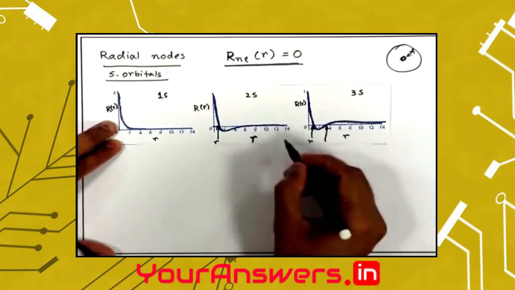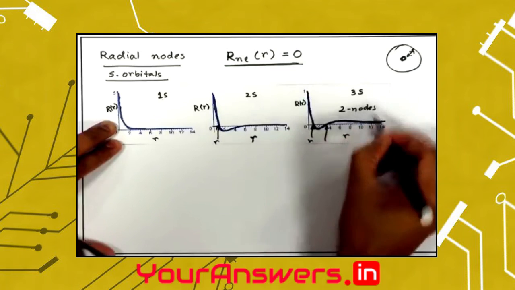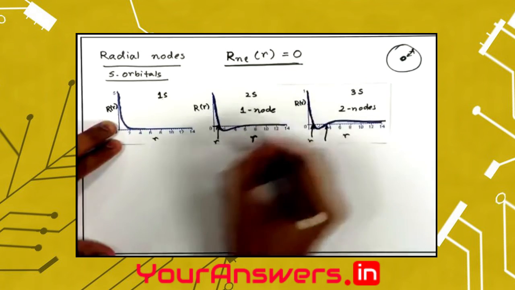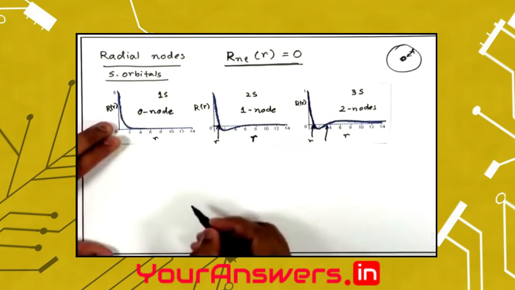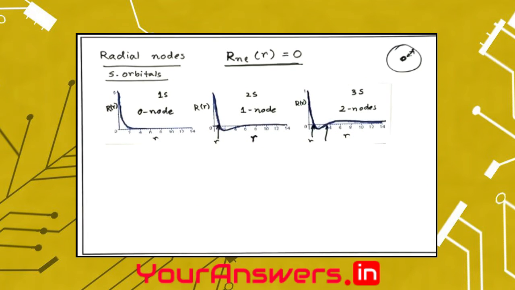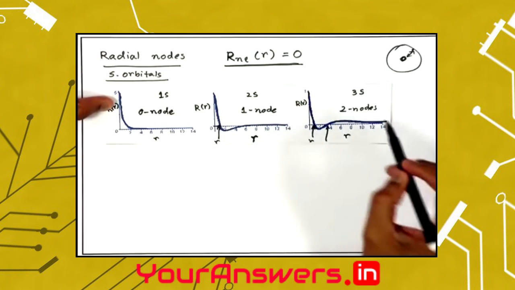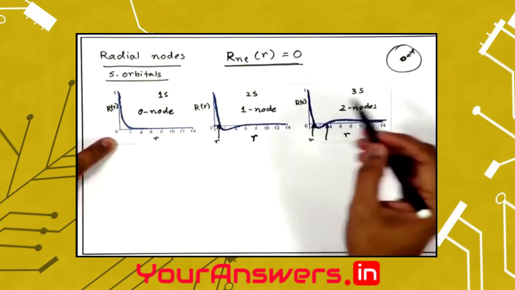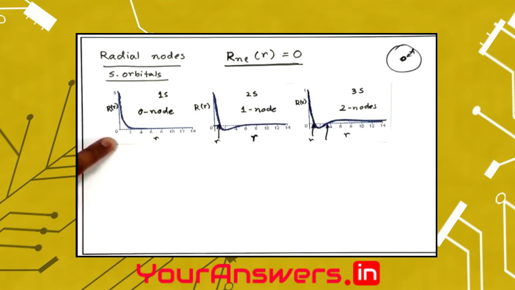So, I get two radial nodes in the 3s orbital, one radial node in the 2s orbital, and 0 nodes in the 1s orbital. So, even if these 3 orbitals have the same azimuthal quantum number and the same spherical shape, I see 0 nodes, 1 node or 2 nodes.